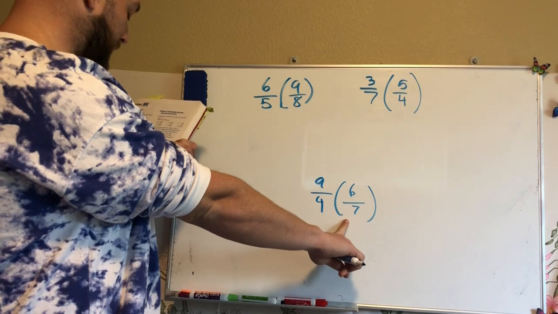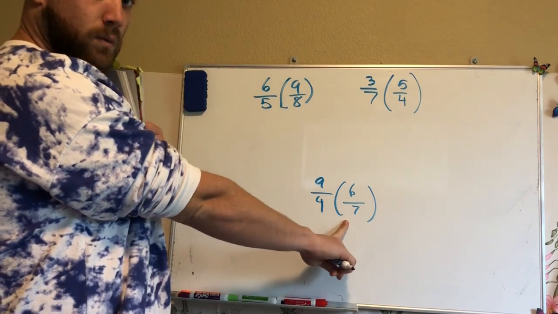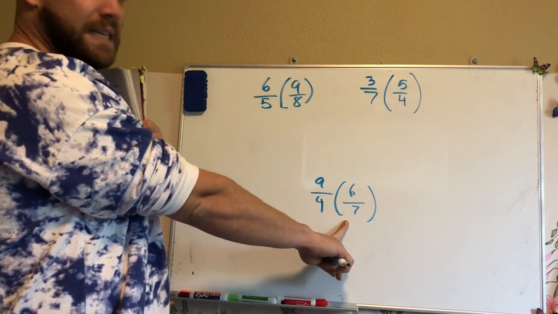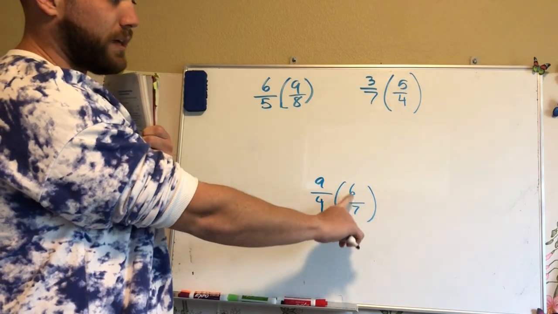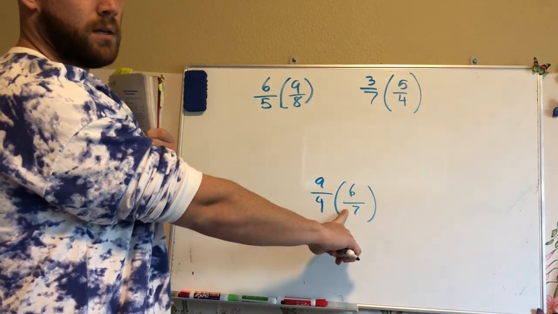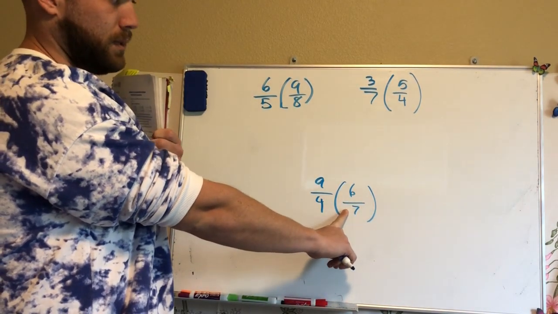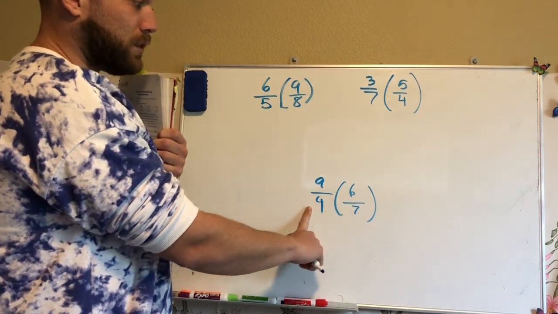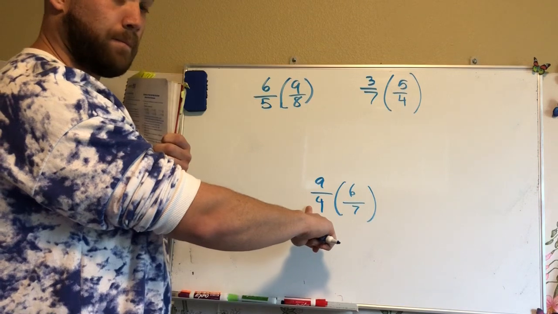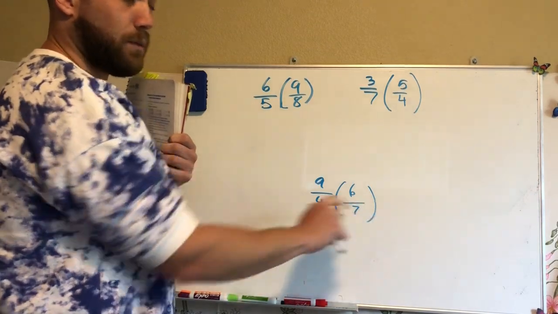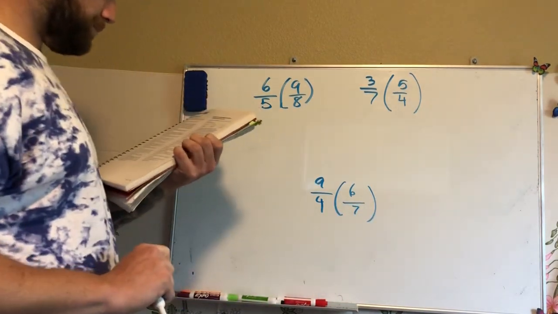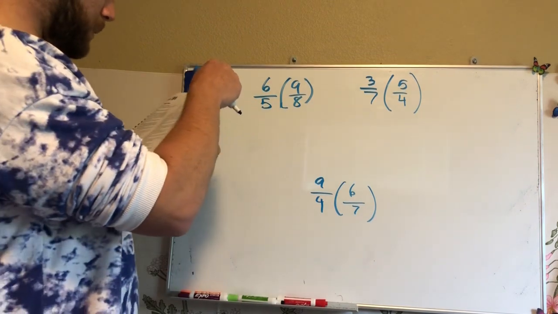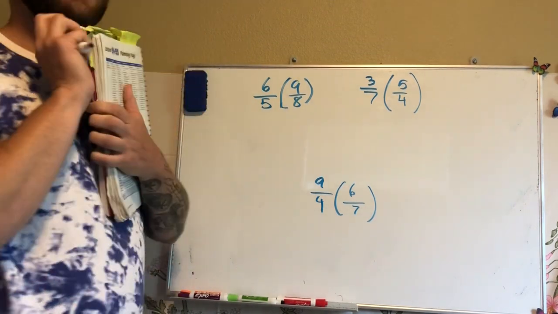And is 6/7 more than 1 or less than 1? 6/7 is less than 1 because the numerator is smaller than the denominator. It's not a whole number yet. It's only 6 out of 7. So the number you're multiplying by is going to be bigger than the answer you get when you multiply. So you'll end up with an answer that is less than 9/4.